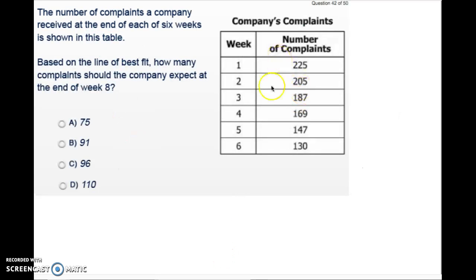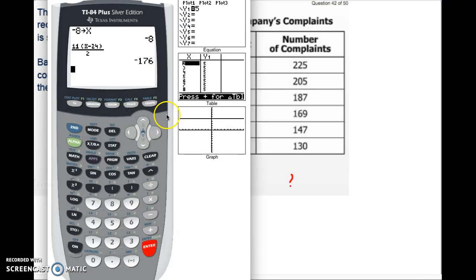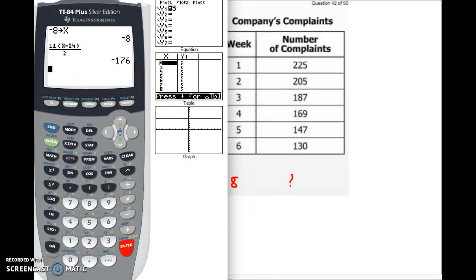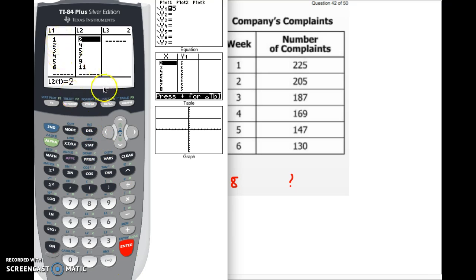Now again, this problem is another regression problem, but it's not just asking you the equation, it's asking us what to do at the end of week 8, which is asking us when the x is 8, what would this value be? So we are going to do this one the same way initially. So I'm going to go ahead, stat, edit, and I'm going to enter in my data points, which are 1, 2, 3, 4, 5, and 6.